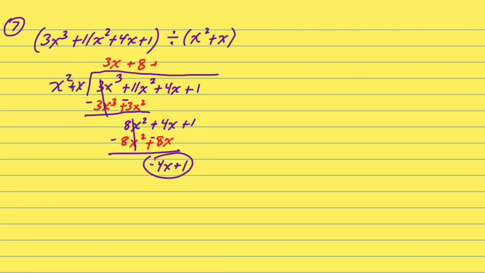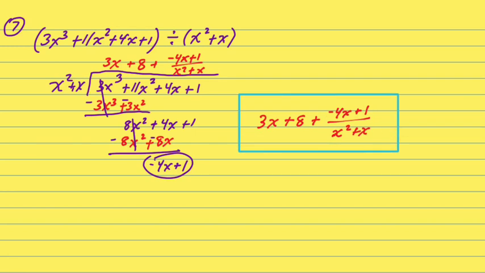So I put plus my remainder over the divisor, x squared plus x. So my answer is going to be 3x plus 8 plus negative 4x plus 1, all divided by x squared plus x. That should be the answer.